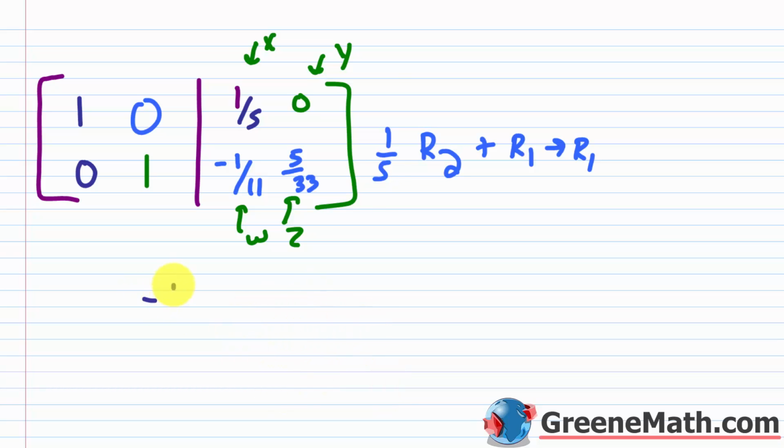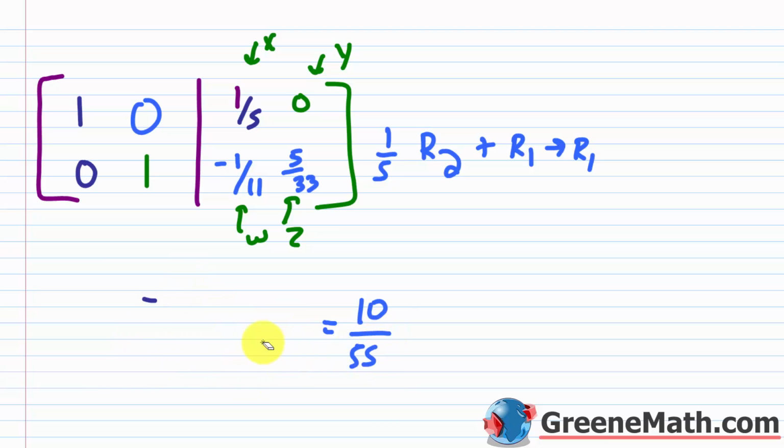And I'm going to add to this 1 over 5. So to get a common denominator going, I'm going to multiply this by 11 over 11. Okay, so that would give me 11 over 55.